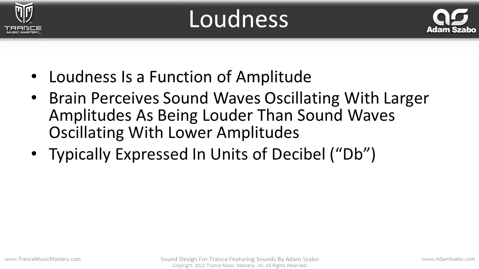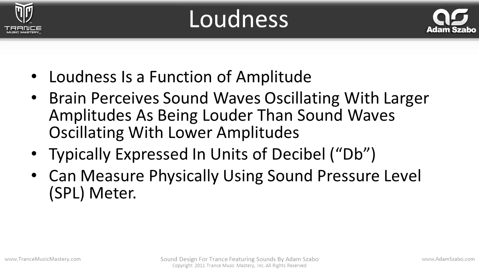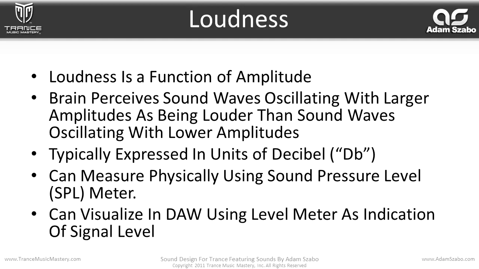It's typically expressed in units of decibels, or dB. Loudness can be measured physically using a sound pressure level meter, or SPL meter. And we can visualize it in a DAW using a level meter as an indicator of the signal level, which generally would correspond to the overall loudness of the signal.